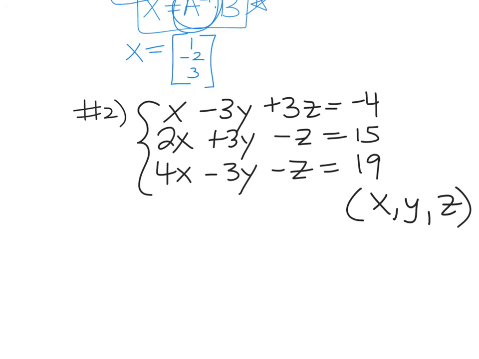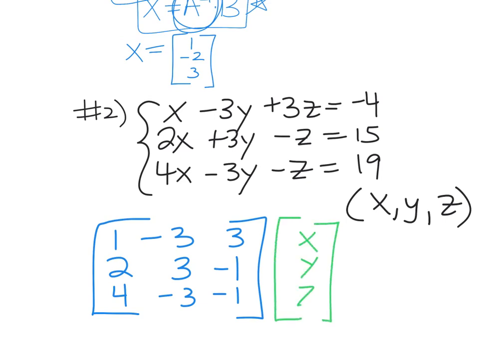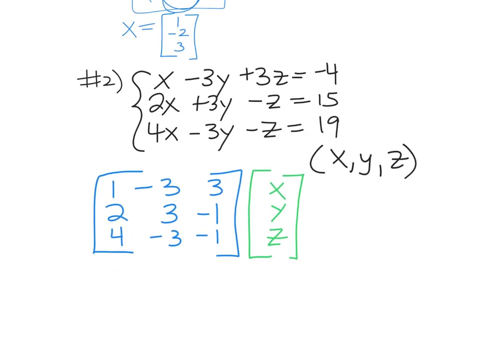I'm going to have matrix A is my coefficient matrix. It's just the coefficients of all the variables. If it's missing a variable, then you put a 0 there, okay? So it's 1, -3, 3, 2, 3, -1, 4, -3, -1. So that's the coefficient matrix. The variable matrix is x, y, z in that order.